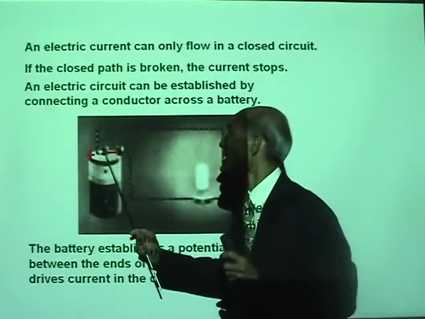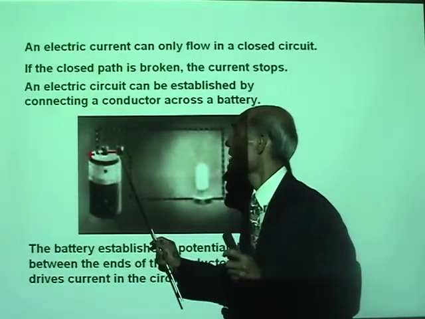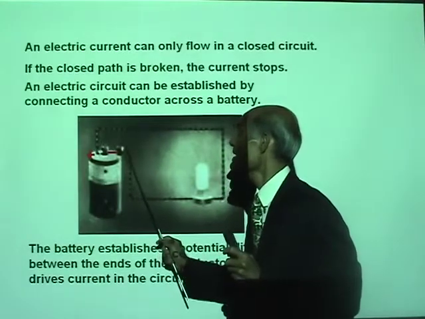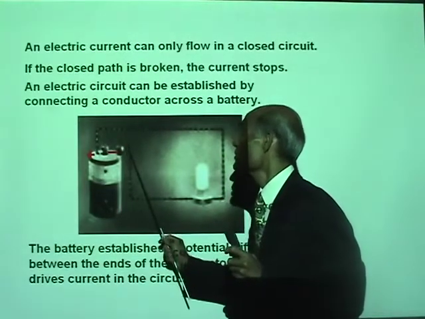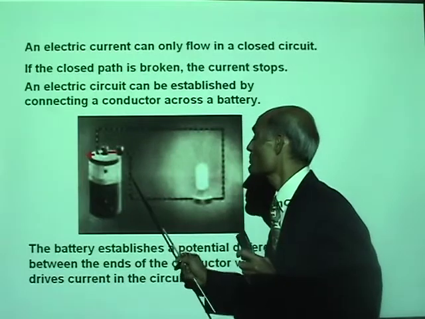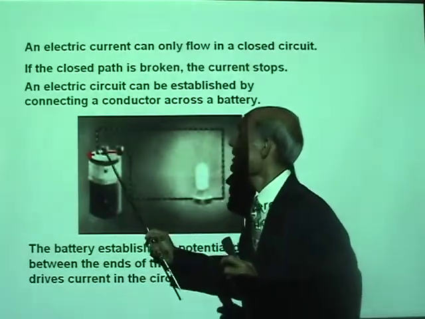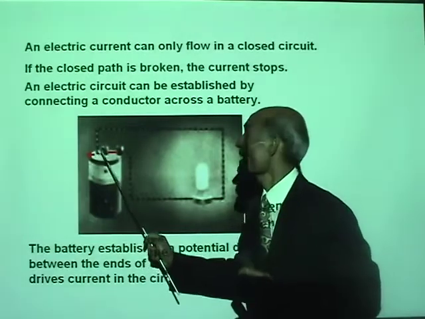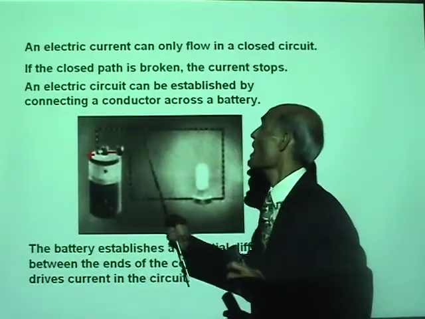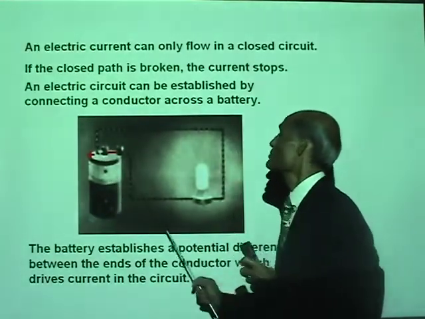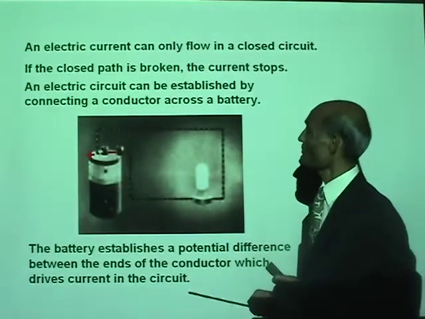So this end of the conductor is at a high potential and this end of the conductor will be at a low potential. So negative charges will drift from the low potential to the high potential, and the conventional current will flow from the positive high potential to the low potential.